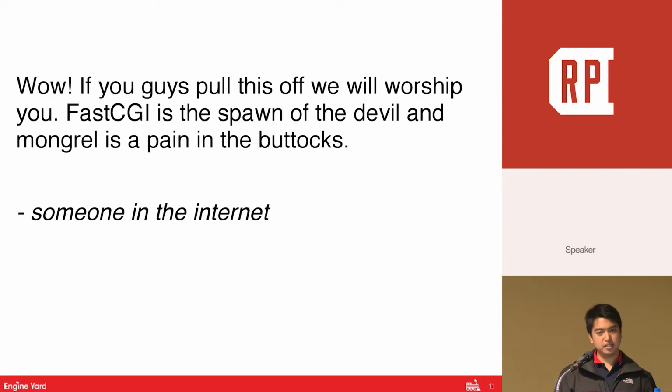Like we heard in one of the talks earlier, you could have your request waiting for an available process. Passenger made this easy because it has this global queue, and your request gets processed by the next available Passenger worker. It made things easier.